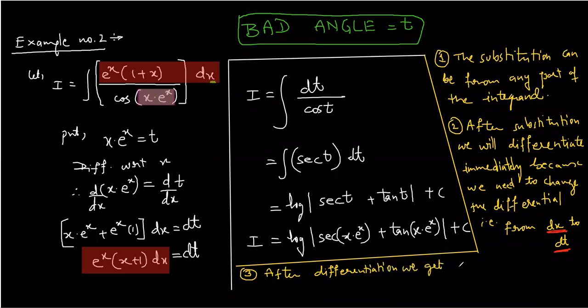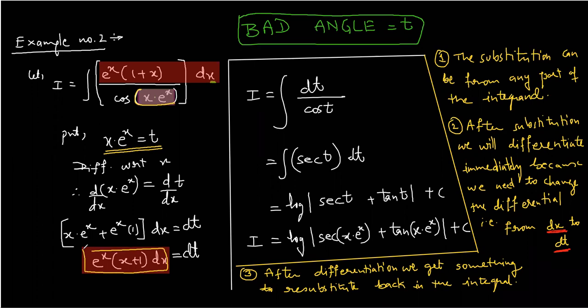we get something to resubstitute back in the integral. Now what does that mean? I will tell you. See here, when you substituted this as a t and you differentiated, you got this thing which was here.